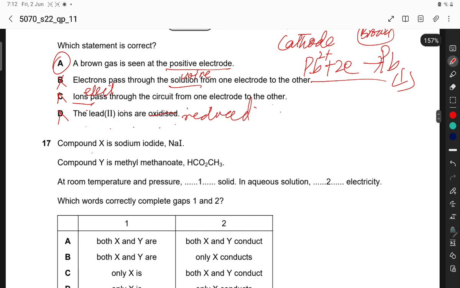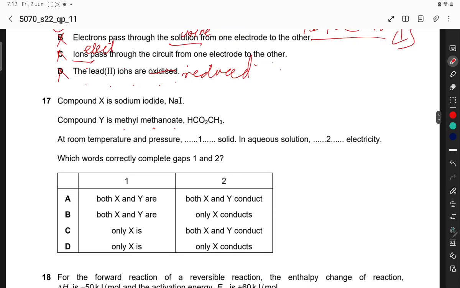Compound X is sodium iodide, compound Y is methyl methanoate. At room temperature and pressure, sodium iodide is solid. Sodium iodide X is solid, but in aqueous solution it conducts electricity.